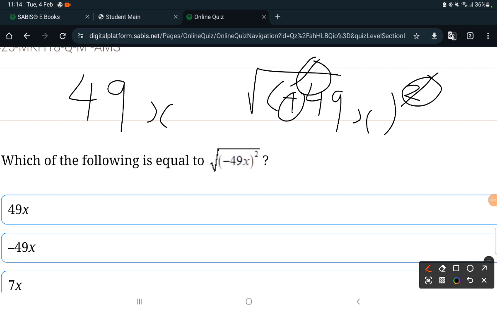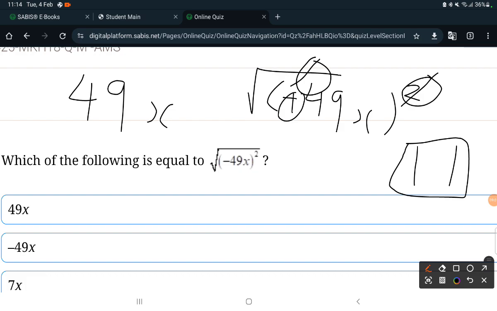Okay, and now after we got 49x, let me just show you how I explain this. There are these two lines, they're called absolute value.